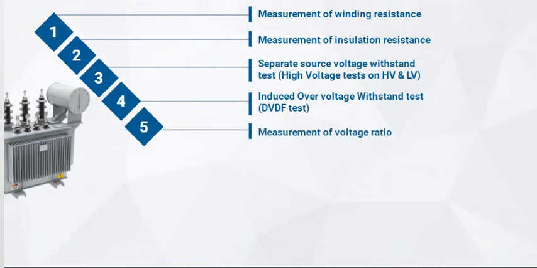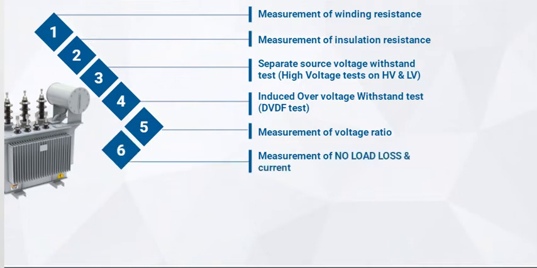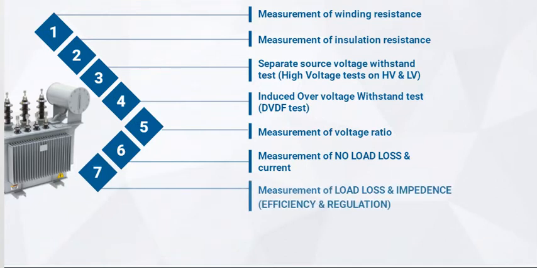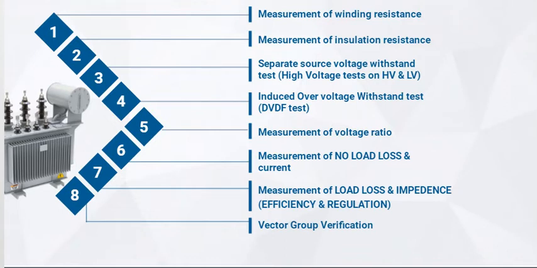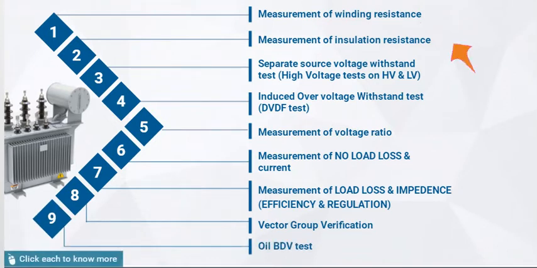Measurement of voltage ratio. 6. Measurement of no load loss and current. 7. Measurement of load loss and impedance, efficiency and regulation. 8. Vector group verification. 9. Oil BDV test. Click each tab for more information.